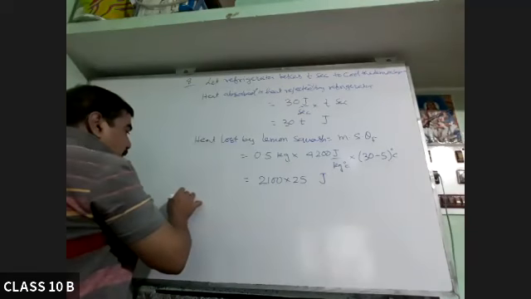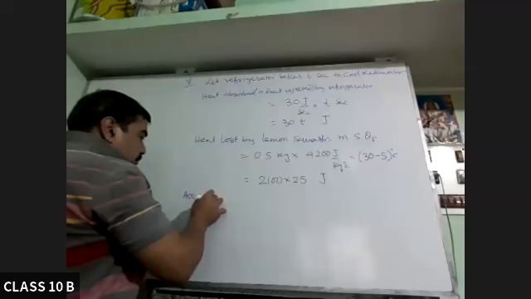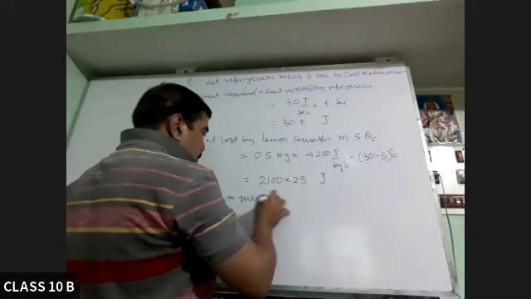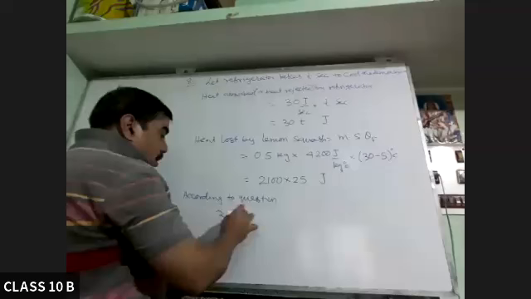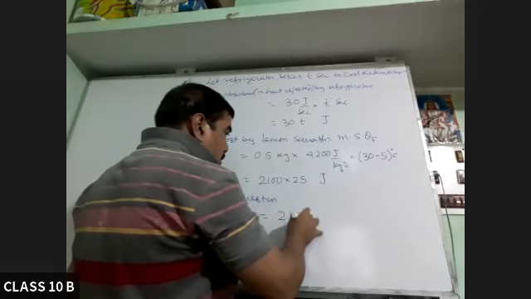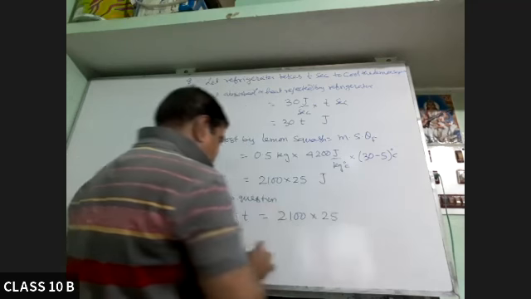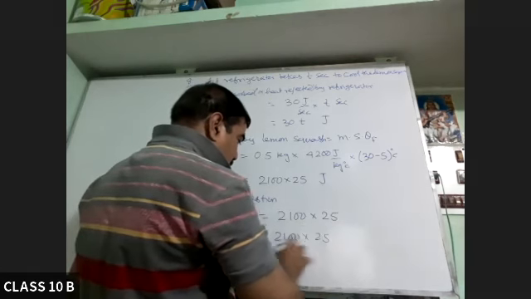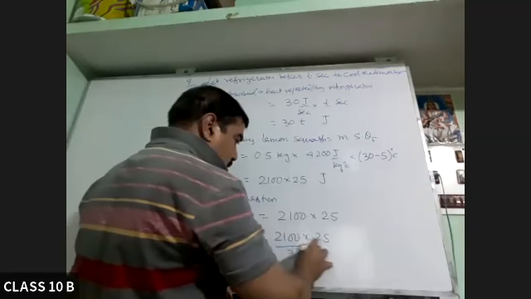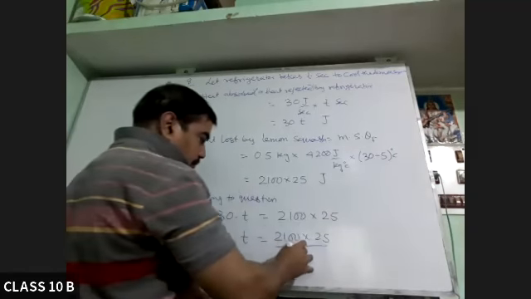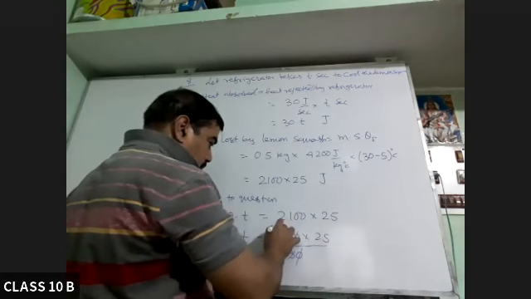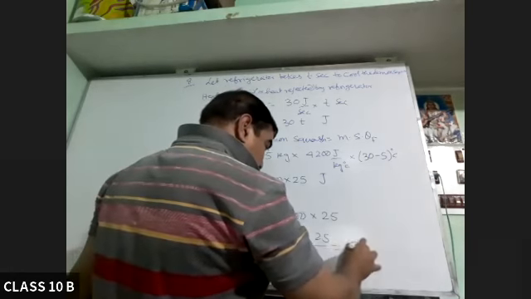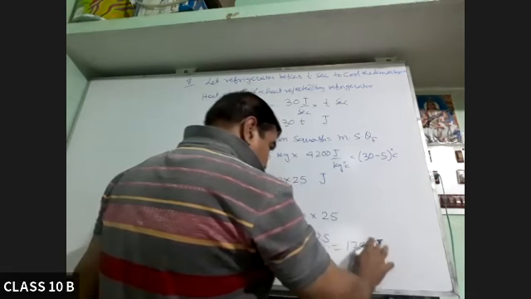So according to the question, this 30 into T must be equal to 2100 into 25, which is 52,500.